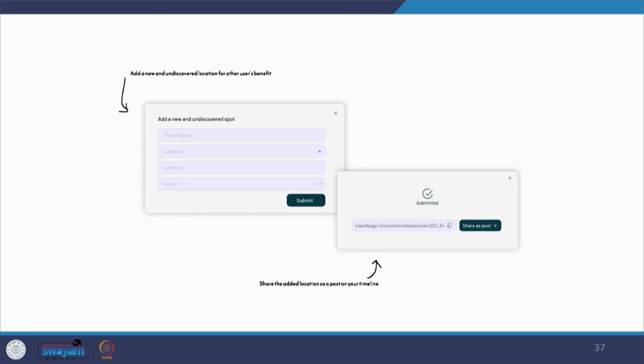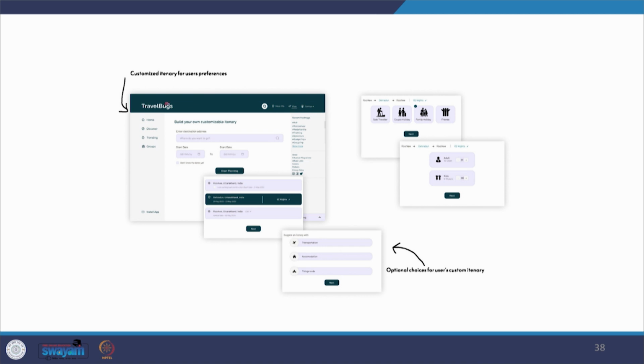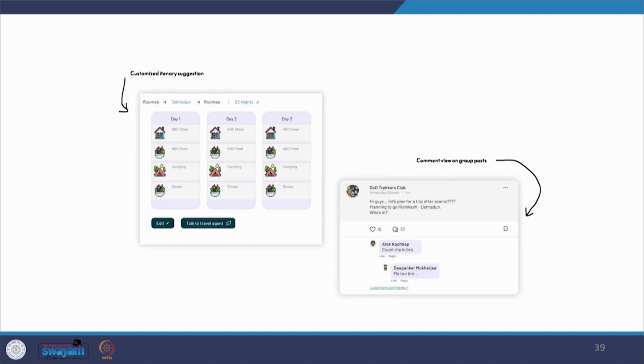Now if one wants to add some location, they can add some other information, and these drop down menus will give more options. So, all these details have been worked out. And for the itinerary, how can we plan the trip for the users.